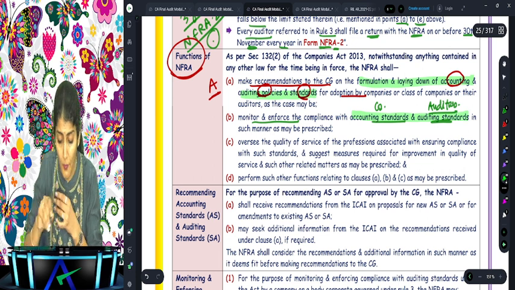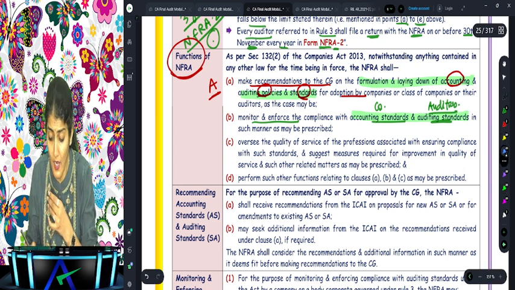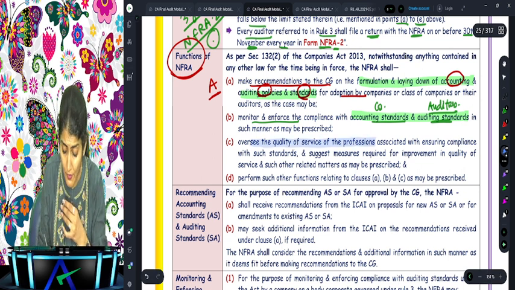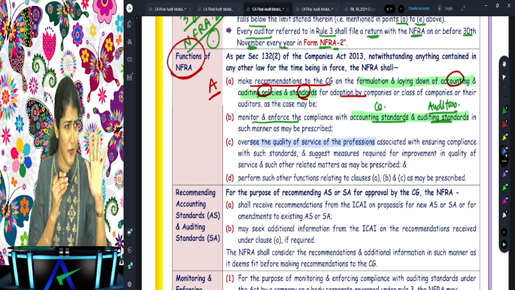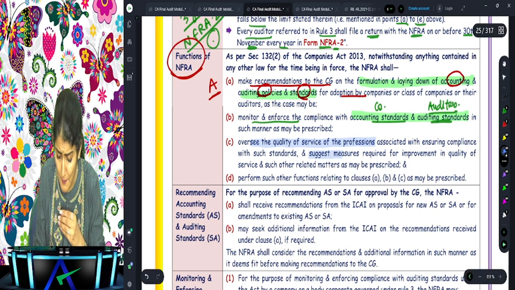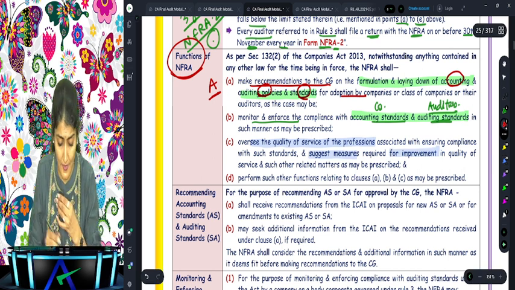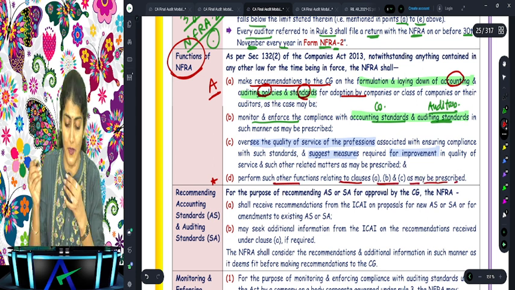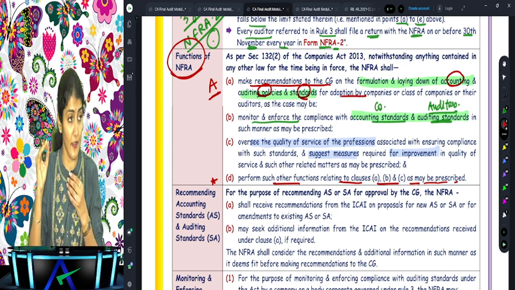And obviously if you ensure compliance, you're overseeing the quality of service of the profession. Wherever the quality of service is not good, they suggest the measures required for improvement. And then the last one is the balancing figure: such other functions as may be prescribed.